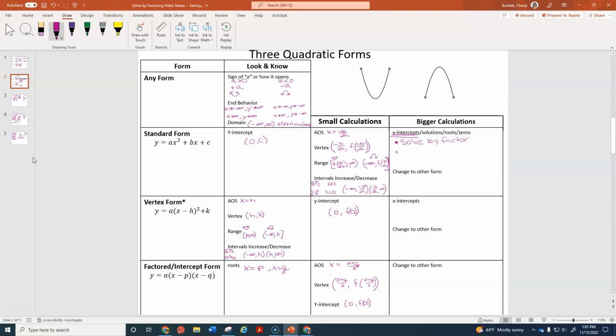We are going to learn some other methods of solving, so we're going to come back to this page and fill it in greater detail later. We're also going to learn how to change to different forms. But for today, we're going to practice primarily on the standard form and finding the x-intercepts, and we're going to do that by solving by factoring.